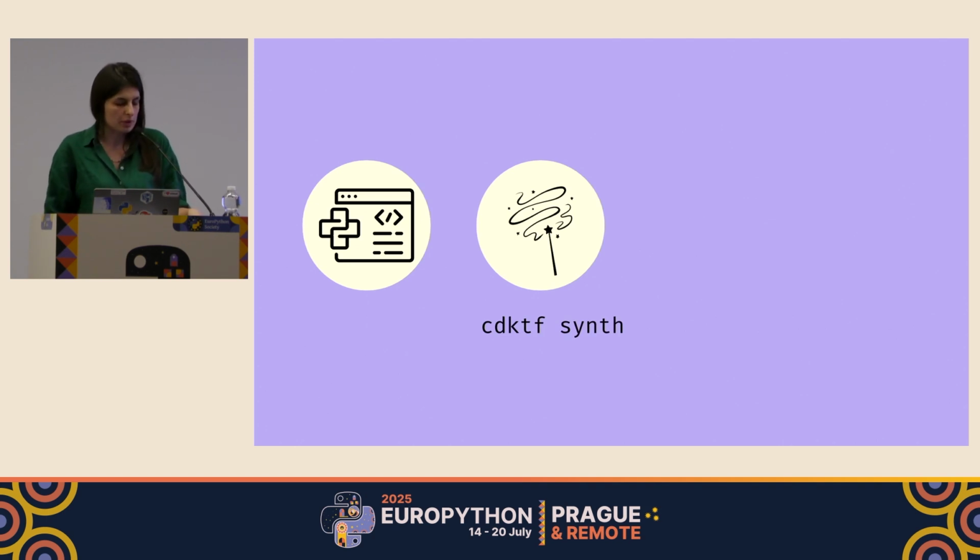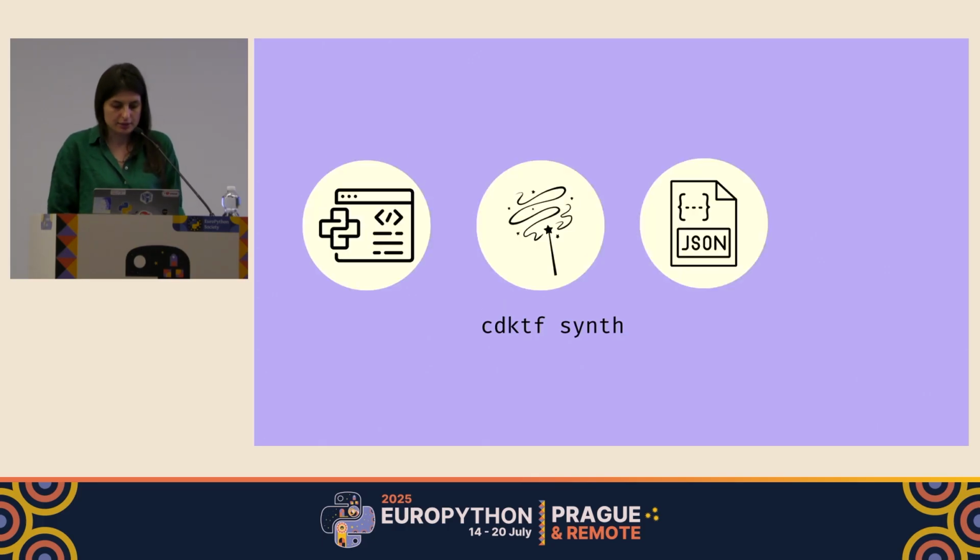It takes our Python files, compiles them and stores them, usually synthesized, in JSON. This JSON will be a representation of all resources that will be created. After that, we have our JSON, and basically it is what Terraform uses to deploy the infrastructure.